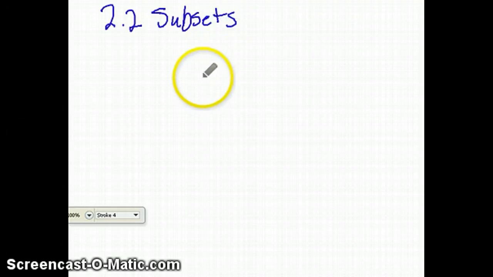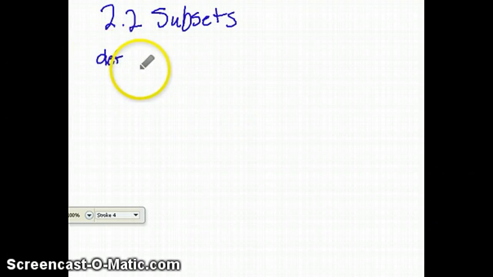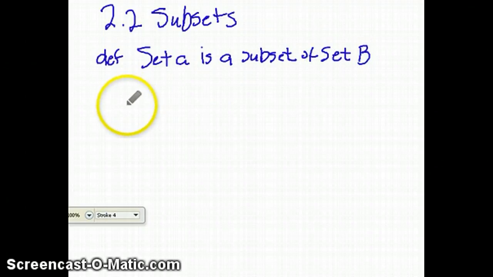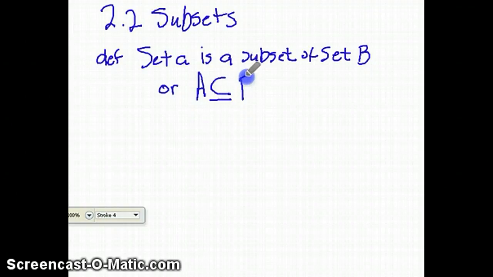Okay. Now, here's a definition. Set A is a subset of set B, or the way we can write it is A, watch this, is a subset of set B. Notice a capital letter, and I have this symbol.